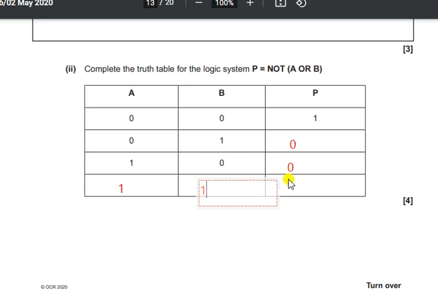And then for 1, 1 in the truth table A or B will give us 1, and then not of that, so we'll get a value of 0. So this is what we are going to get as the output.